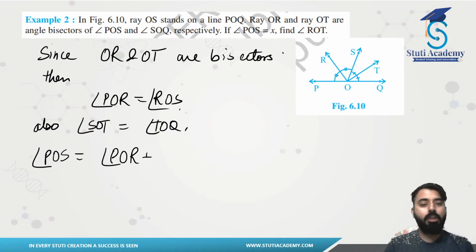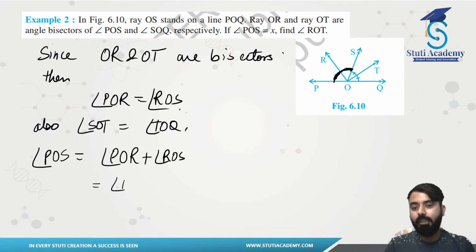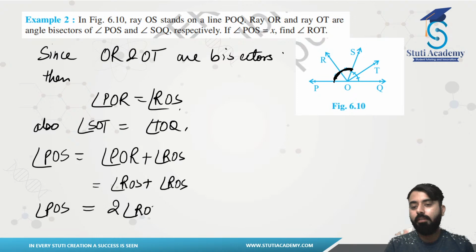Angle POR plus angle ROS. Adding this and that gives me this whole quantity. And I know both of them are equal, so can I write it like this? Angle ROS plus angle ROS. So angle POS is equal to twice of angle ROS. I hope you don't have any doubt in this, right?